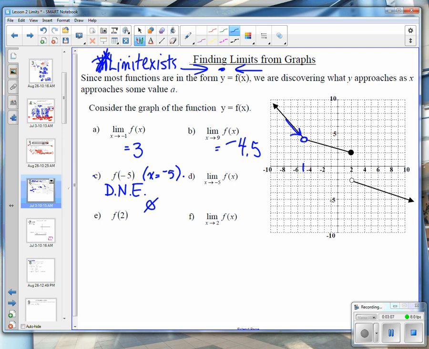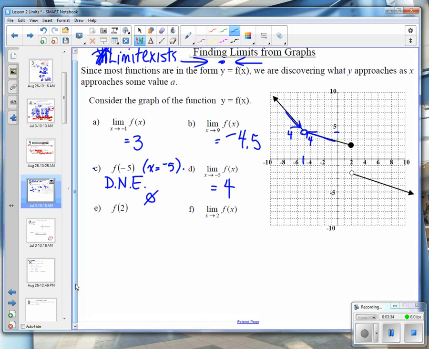From the left, it looks like it's approaching 4. And from the right, it also looks like it's approaching 4. Because it's approaching that same point, even though that point doesn't exist, our limit does exist. And that is going to be the number 4. All right. So again, if you have any questions with this, just go to the help desk. But remember, if it approaches the same number, you're good to go.